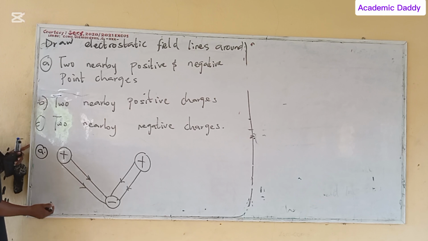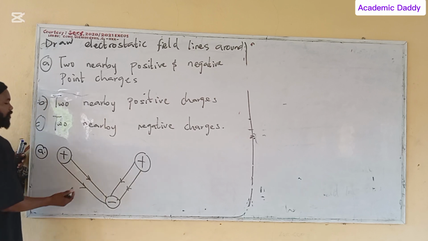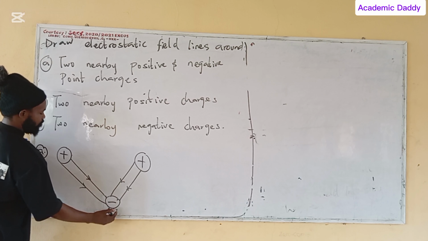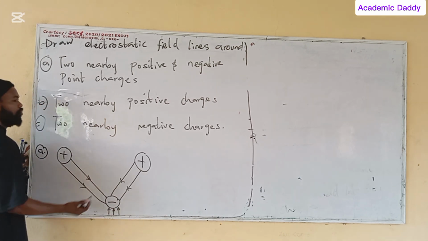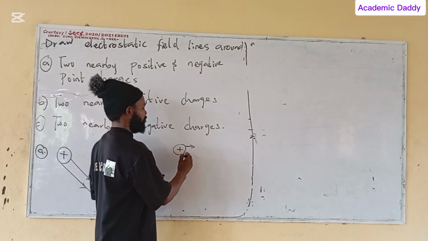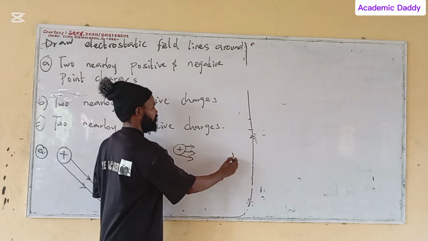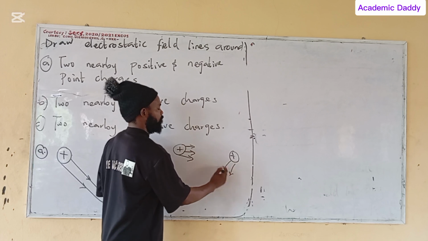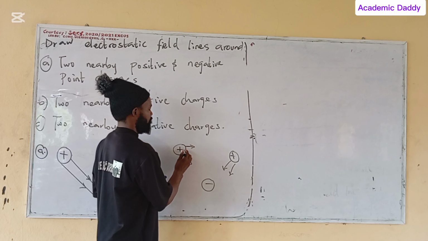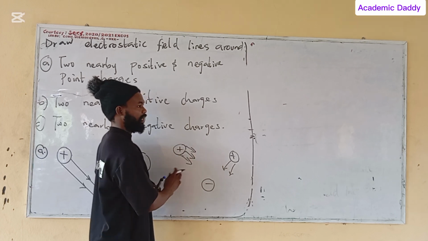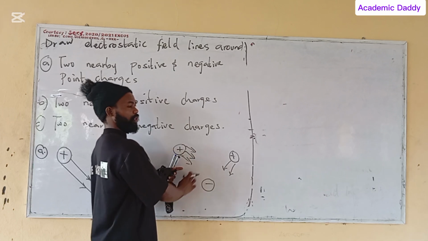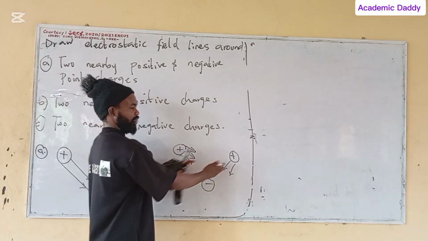You see it? So this one is on the receiving end. You also need to know that if, for example, I have three charges pointing this way, and here two charges moving this way to negative, the more electric field lines we show means that there is more charge here than this one.